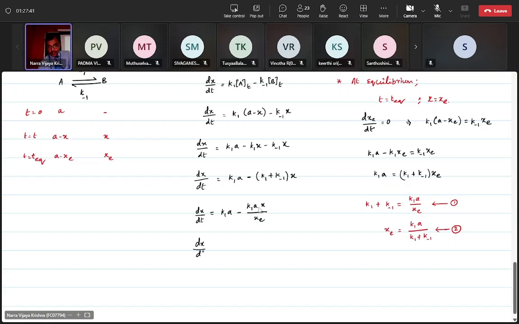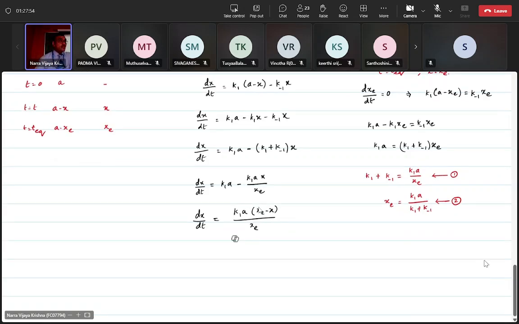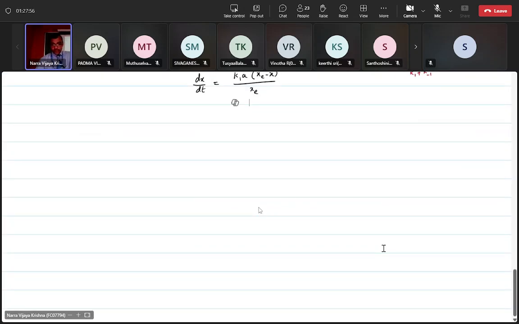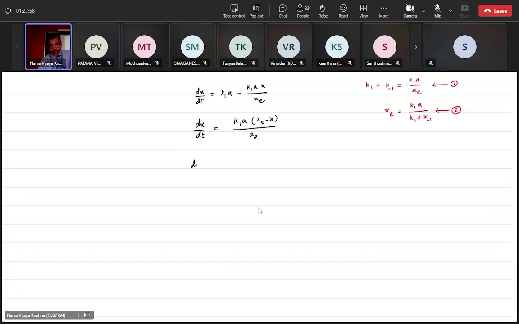Dx upon dt equal to K1A into xe minus x upon xe. Any questions in it? Now, dx upon xe minus x equal to K1A upon xe into dt. Acceptable?